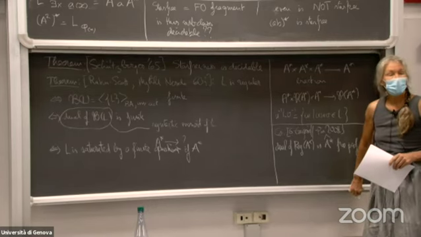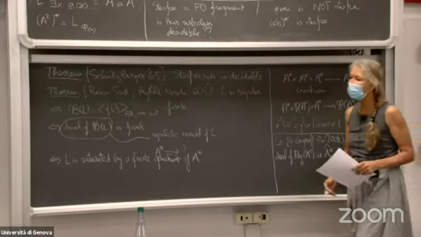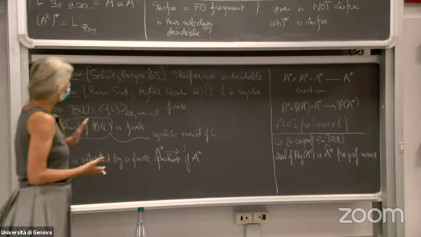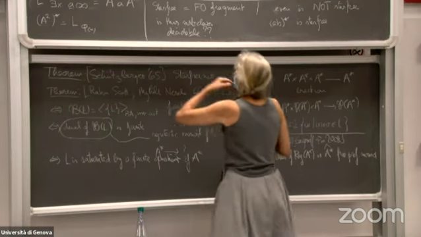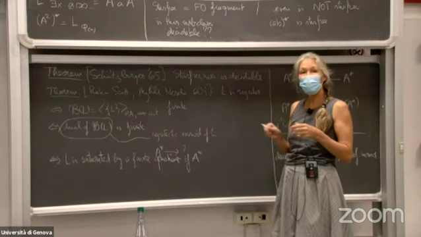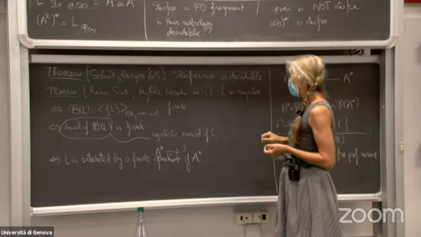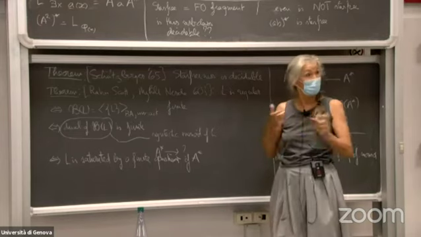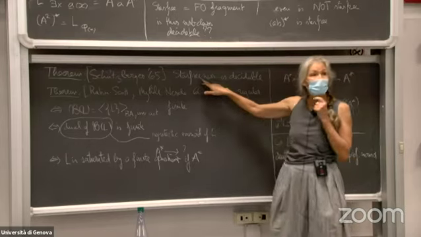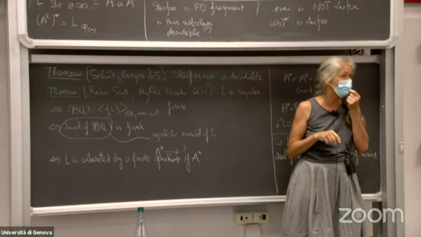How am I doing for time now? Okay, so I will skip a part now because I wanted to tell you in more detail how Schützenberger's proof goes. The point is essentially that you look at these monoids. In fact, what he showed is that star-free corresponds to aperiodic profinite monoids.